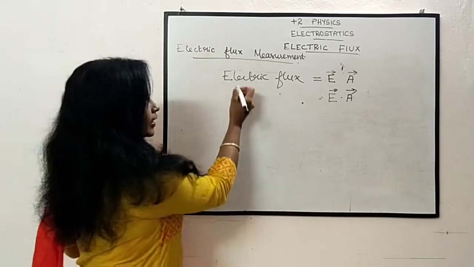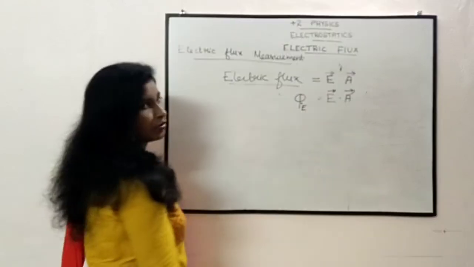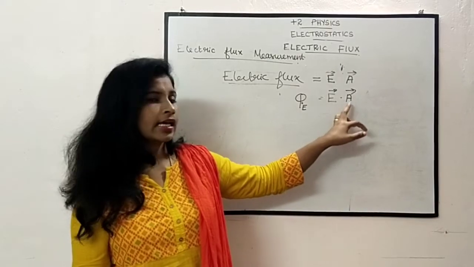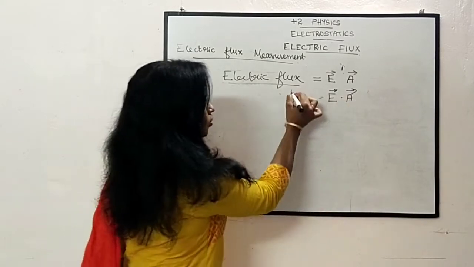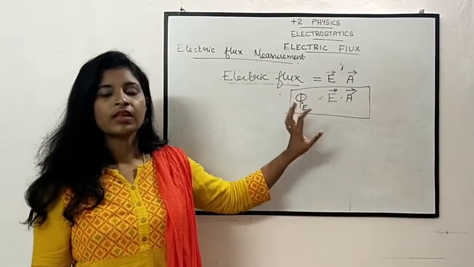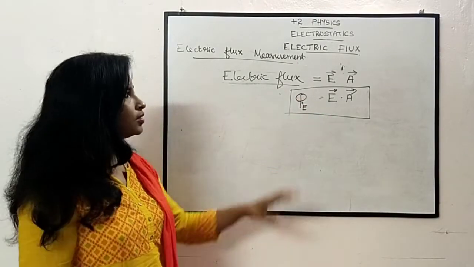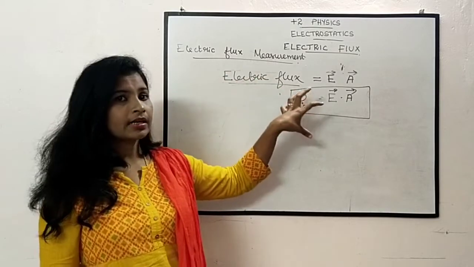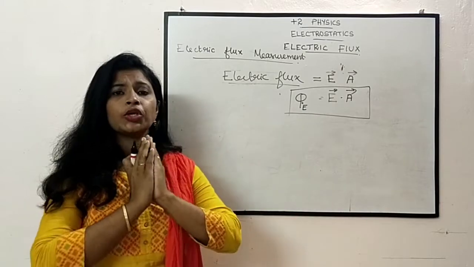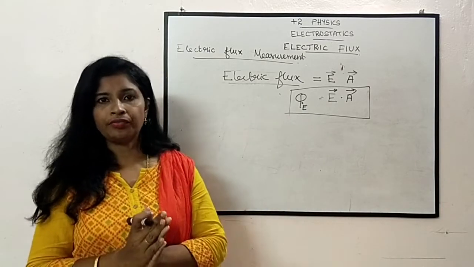The electric flux is denoted by the letter phi E, and it is E dot A. This is the formula for electric flux. Now, this is the electric flux for a flat surface placed in a uniform electric field.